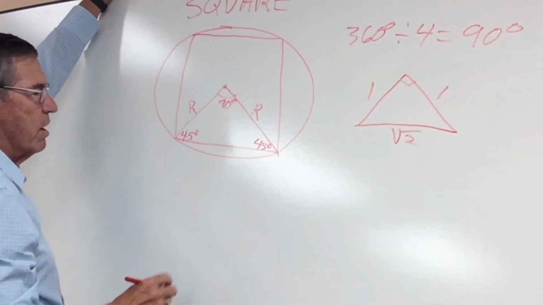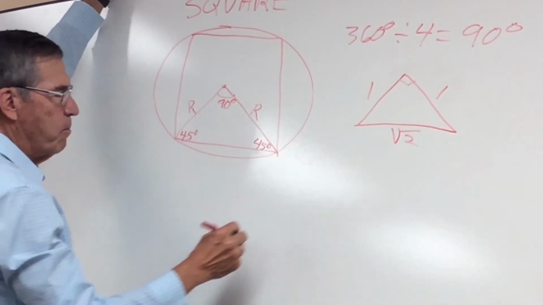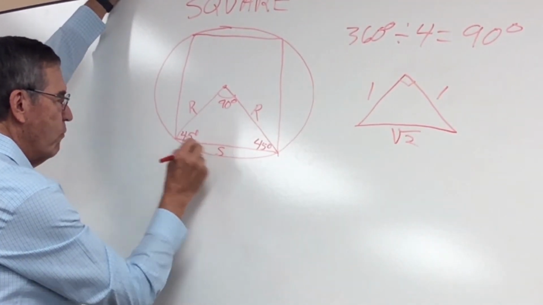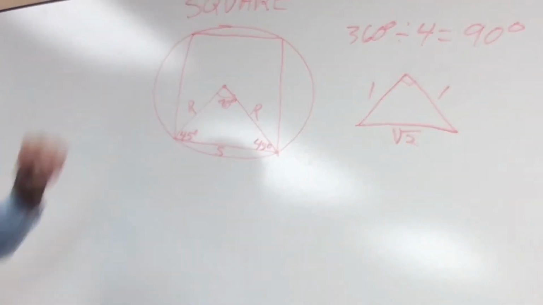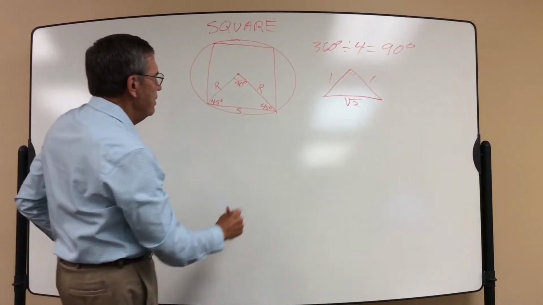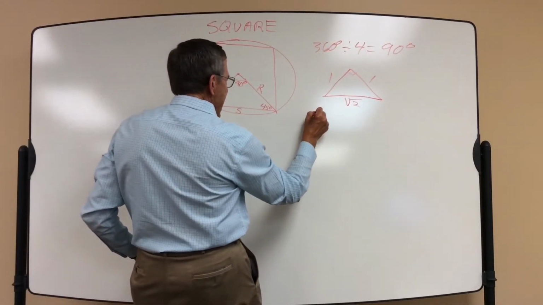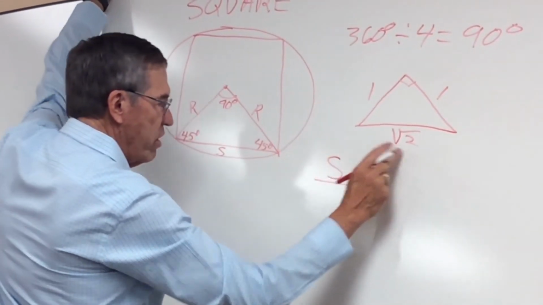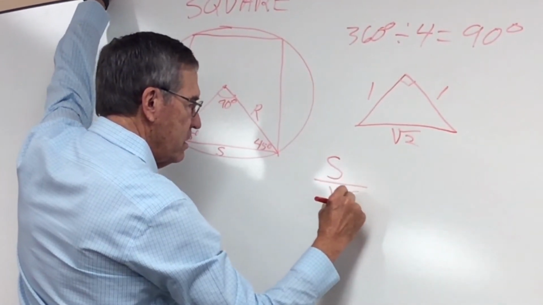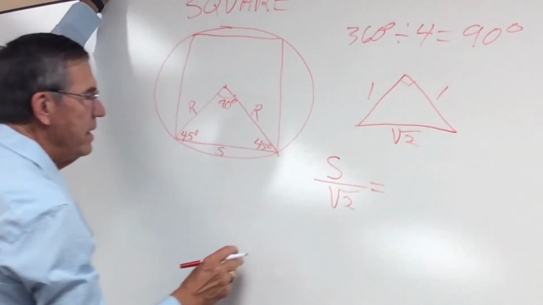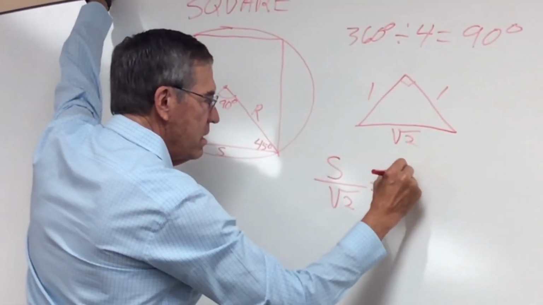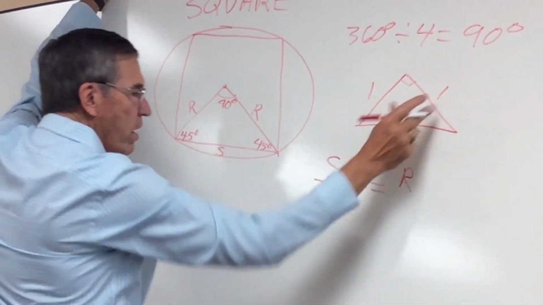Let's do our ratio and proportion again. Let's call this S for the length of the side of the square. So we're going to say S is the square root of 2, okay, as R is to 1.